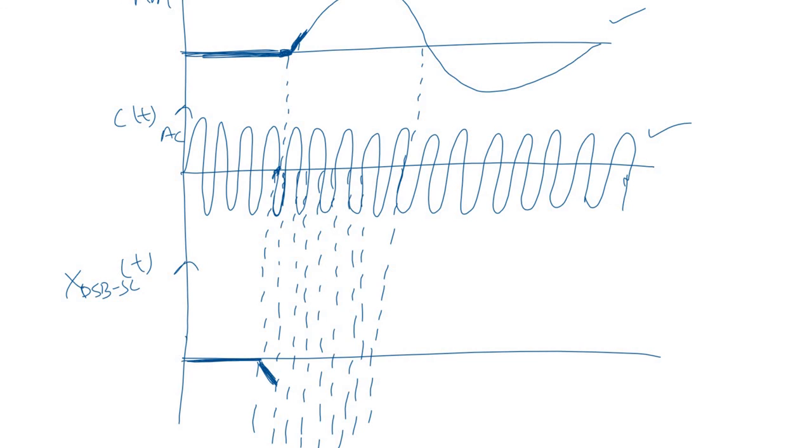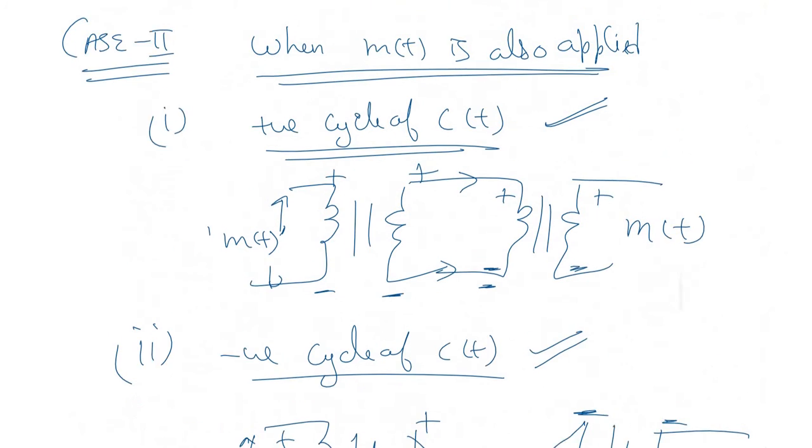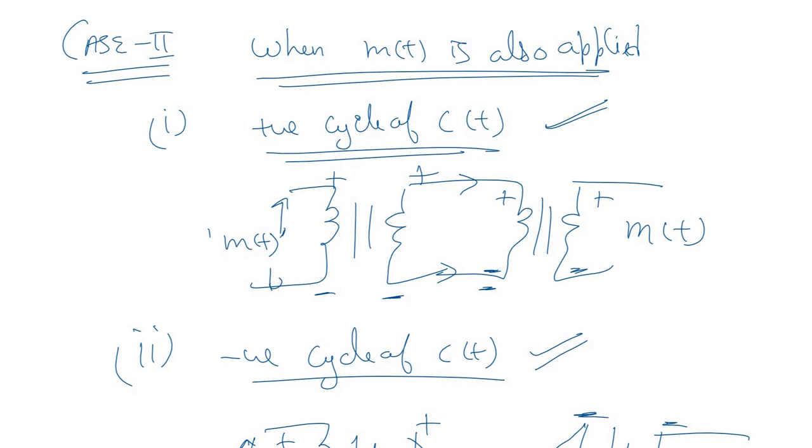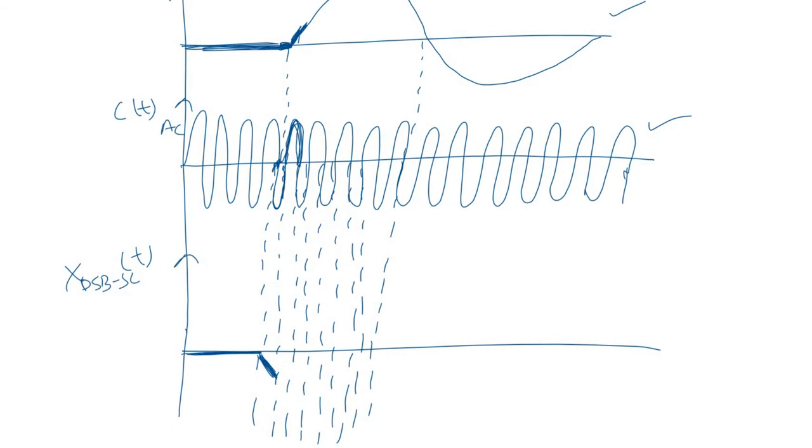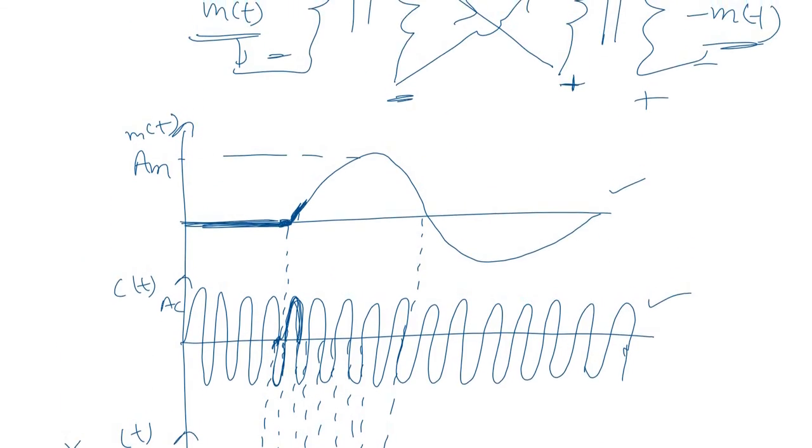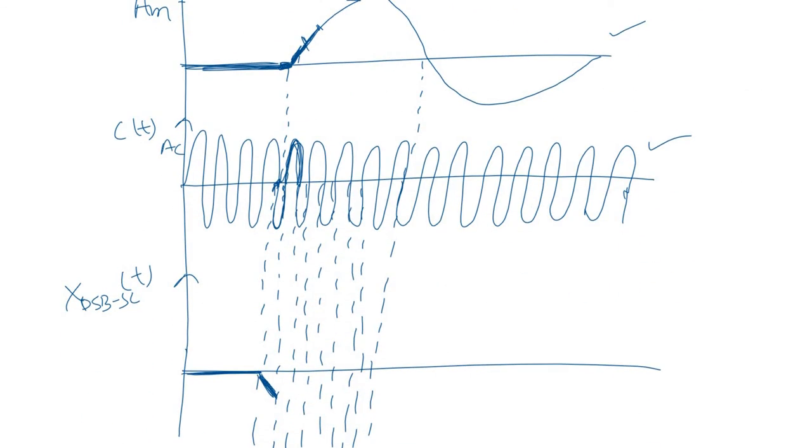Moving on, next we have the positive cycle of c(t). For the positive cycle of c(t), when m(t) is applied, the output is the same as m(t). So m(t) in this cycle is from this to this, and the output will be this. Then again we have the negative cycle.